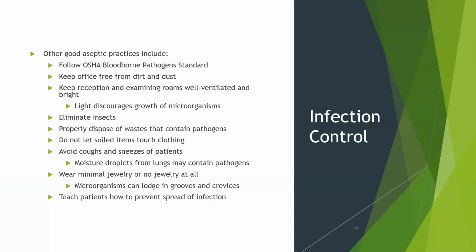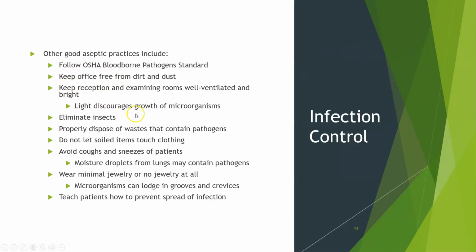So next, let's move on and talk about infection control and good aseptic practices. Obviously, there are the bloodborne pathogen standards that we review each year regarding how to handle different bloodborne pathogens and bodily fluids, but just keeping things clean is helpful.